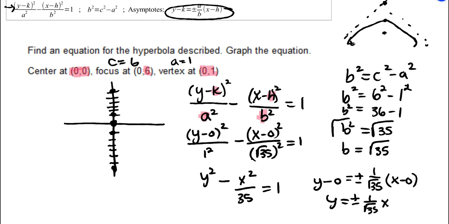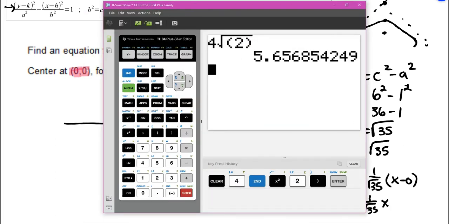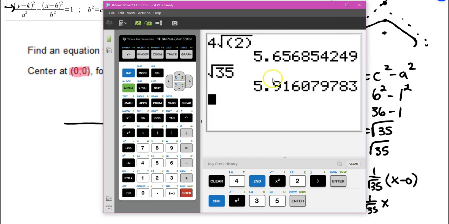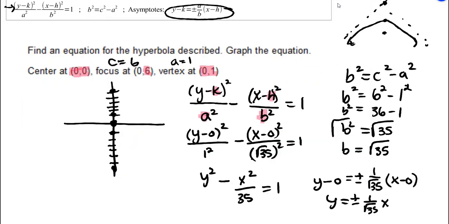I need to find an approximation for the square root of 35 so I can sketch this. The square root of 35 is approximately 5.9, so almost 6. So I can use rise over run, or rise 1 and run almost 6.